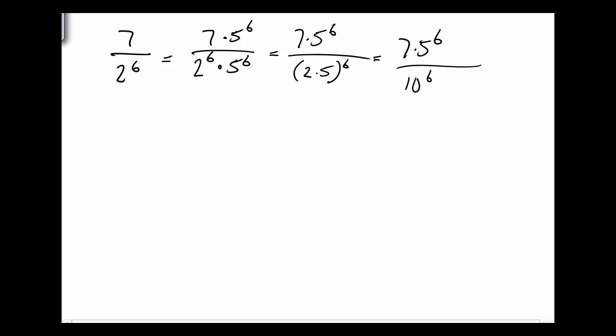Okay, so all I need to know is what is 5 to the 6th power. And I know I talked about this being a non-calculator component, but well, let's look at the denominator for a second. 10 to the 6th is 10 with 6 zeros at the end. So 1, 2, 3, 4, 5, 6.